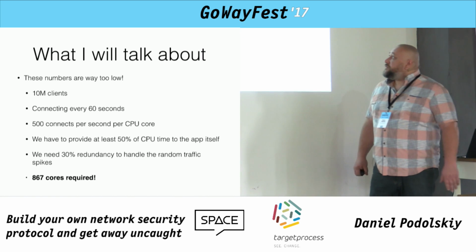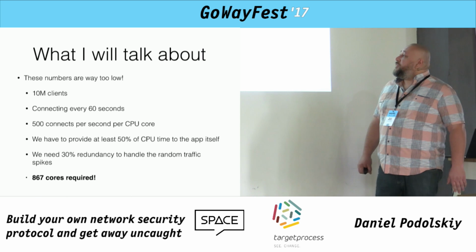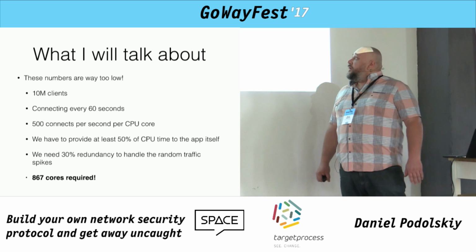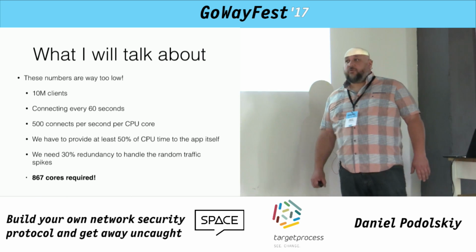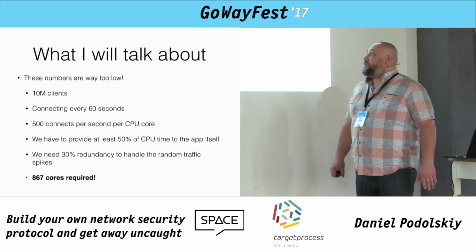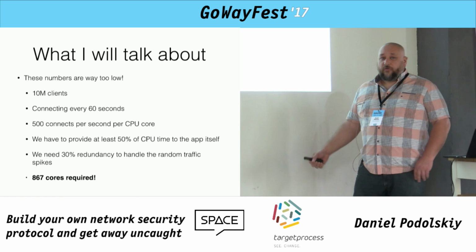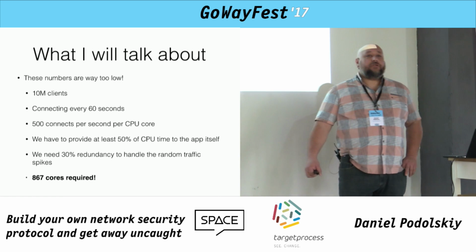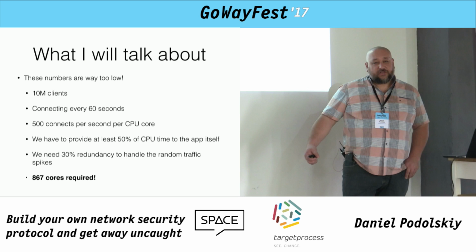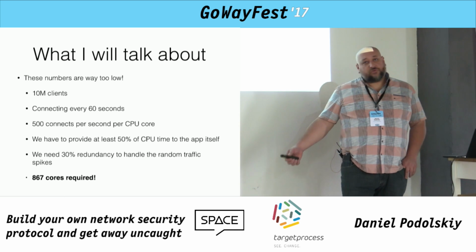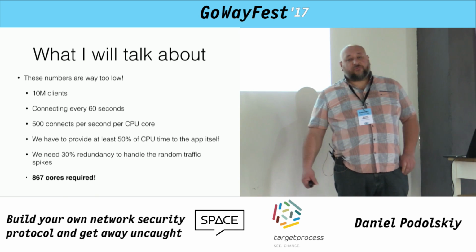10 million clients. Every 60 seconds, each of them makes a connection. Each CPU core can provide us 500 connections per second. For its own needs, our application needs at least 50% of the CPU. These were numbers we got from testing.